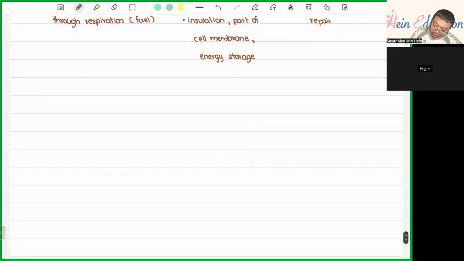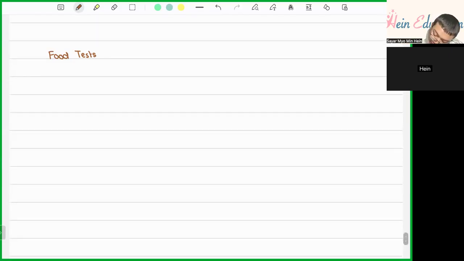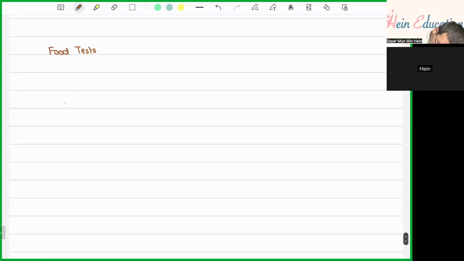Okay, so now let's talk about food tests. We study different food tests: the iodine test, Benedict's test, the emulsion test, and the biuret test. Starting off with starch, we use the iodine test.